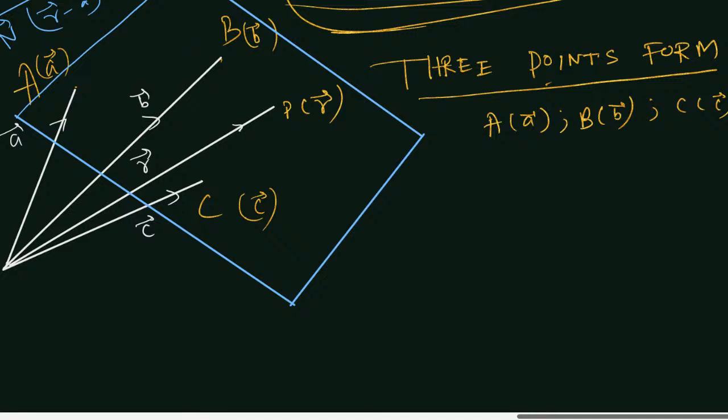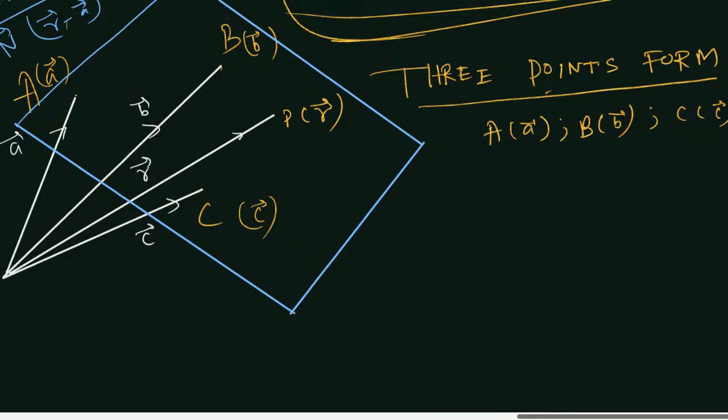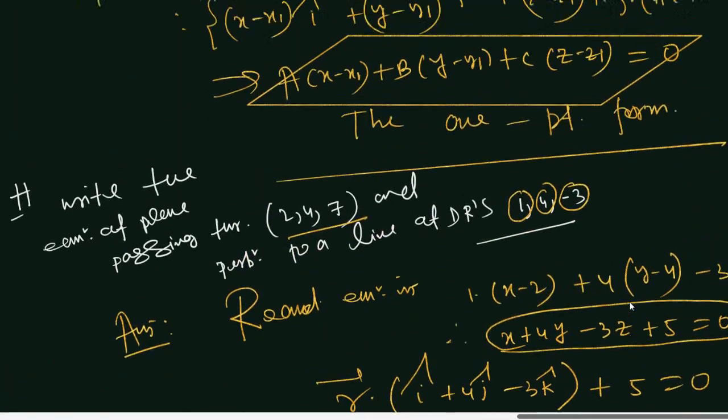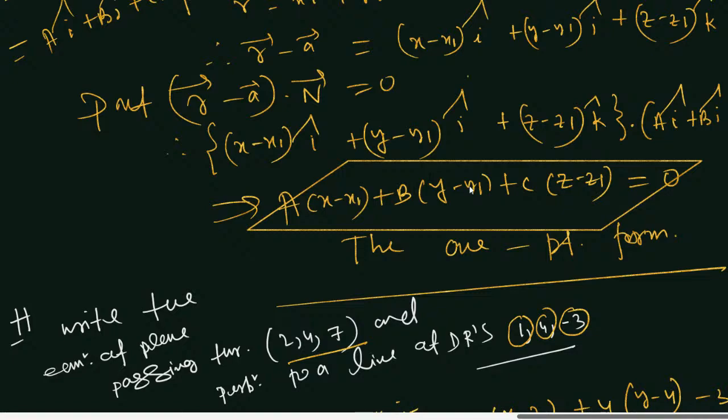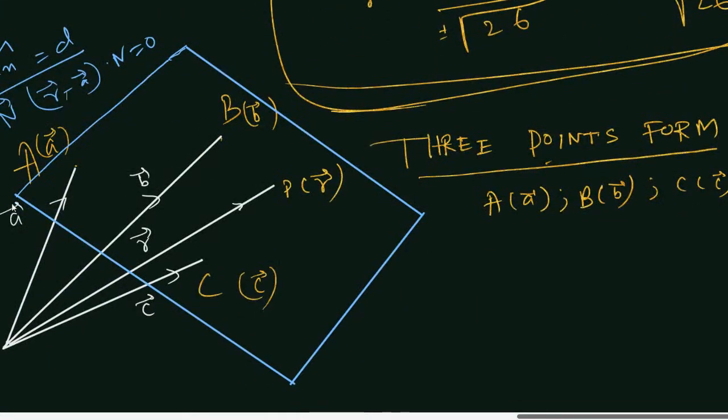Unit normal can be obtained easily, but here no perpendicular given. How do you find it? You can state by using this thing, plane passing through a point. This will help you. I will show you that form. You can use this form also. R minus A dot n equal to 0.